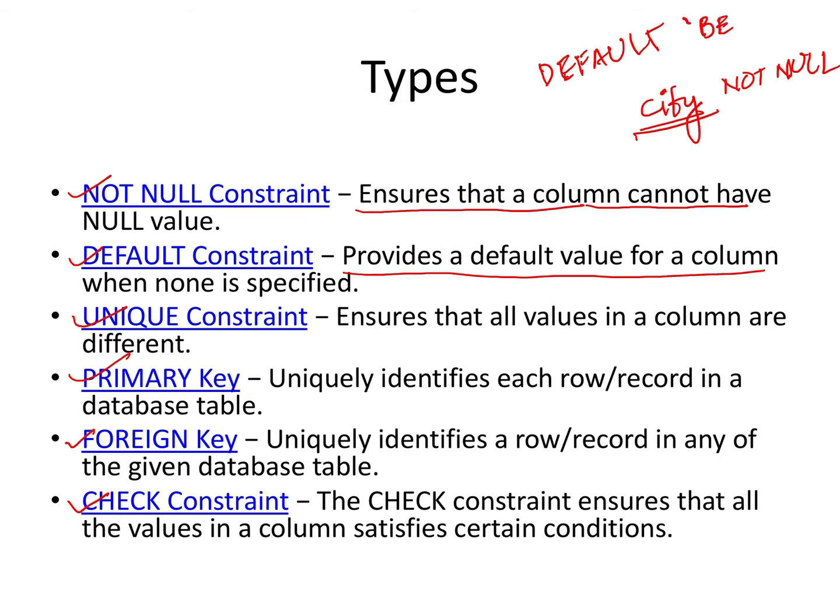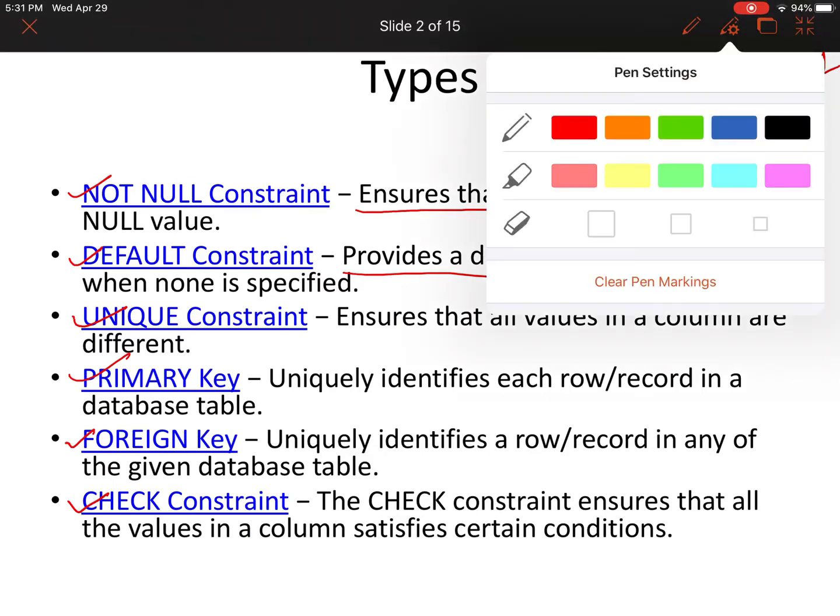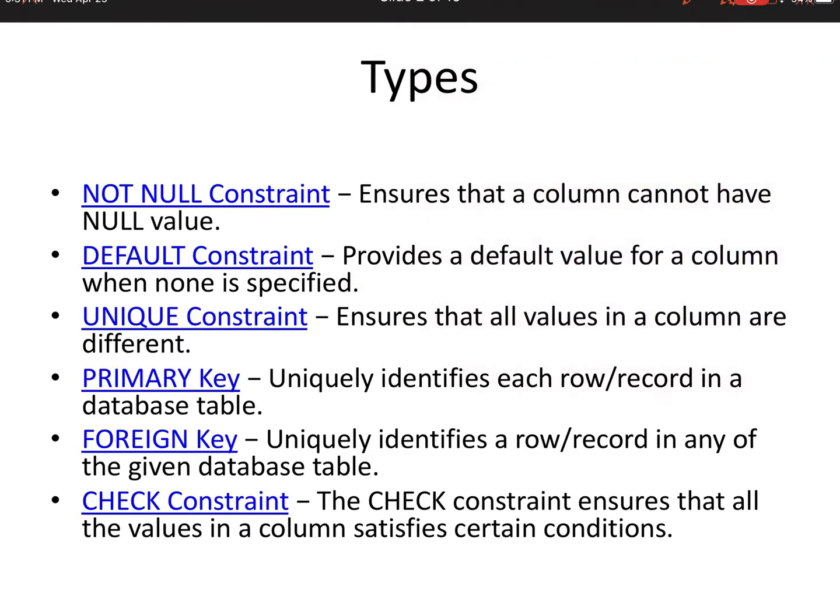In case he has left it blank and has not entered which city he stays in, then Belgaum is what will be put there as the default value. So automatically it becomes Belgaum. Hope I have made it clear. So this is the meaning of the default value.